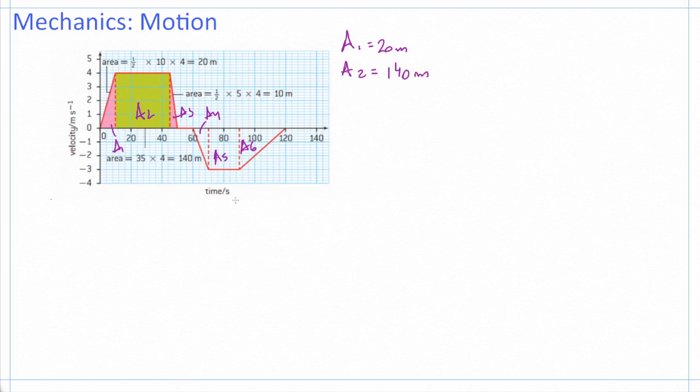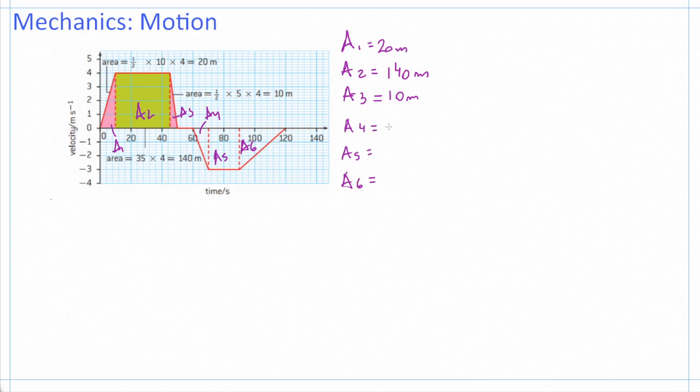Everything is in meters and seconds, so meters. Area 3 is a triangle again, and it's given. And take a look, it's half the area. That's interesting, isn't it? Now A4, A5, and A6, those are the ones that we're going to do now.